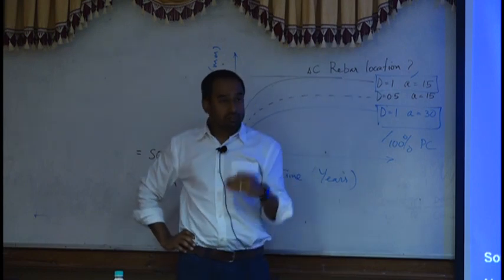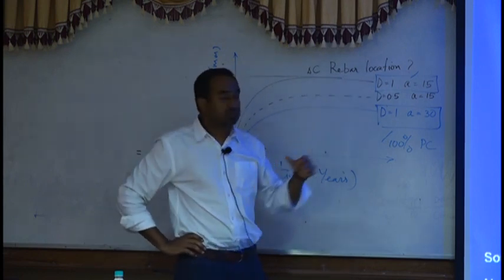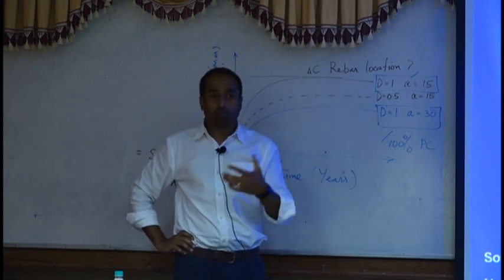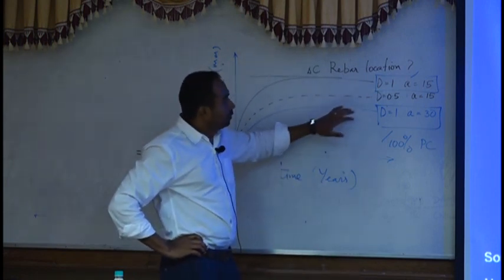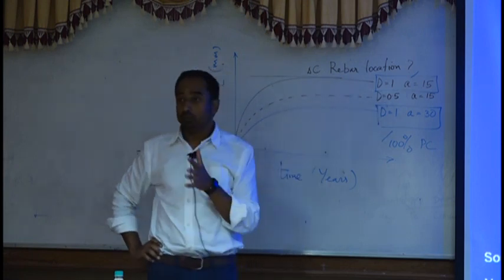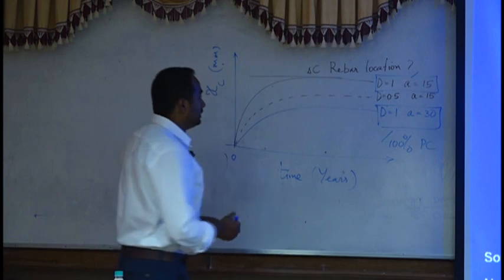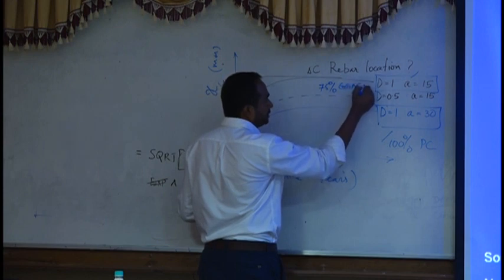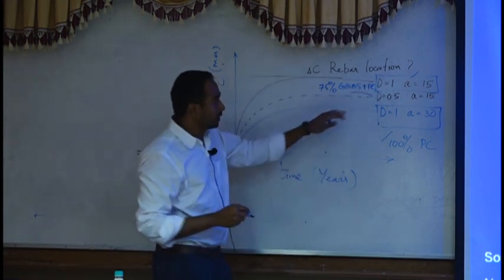Diffusivity naturally should have come down if you use a high volume replacement. It has increased because you've changed one of the other factors. Maybe you've used more water. But naturally you get lower diffusivity if you use a high volume replacement material. So let's say this is your 75% GGBS plus PC.